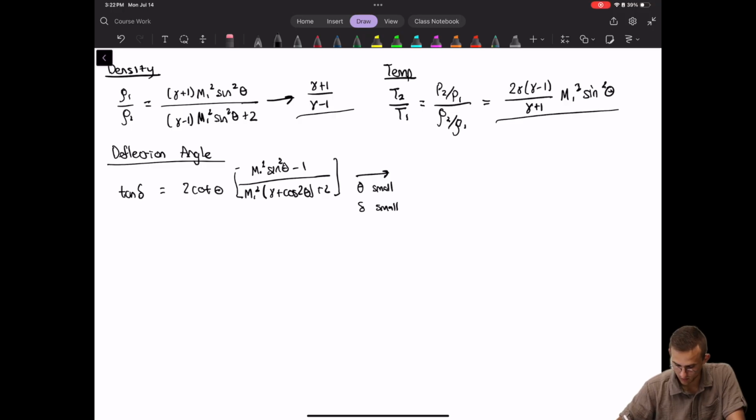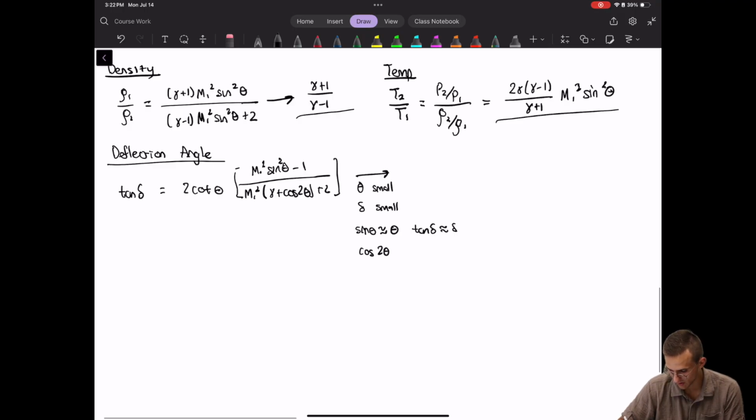So when we include those 2 simplifications, sine theta basically looks like theta. This is from the Taylor series expansion. Tangent delta likewise just looks like delta. And then cosine of 2 theta, with very small theta, just looks like 1.